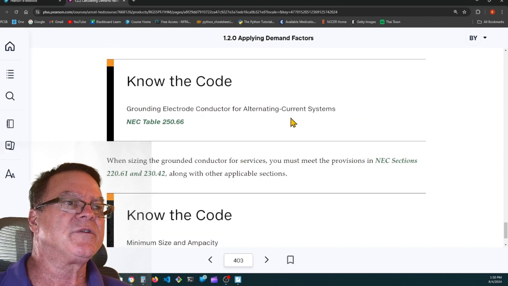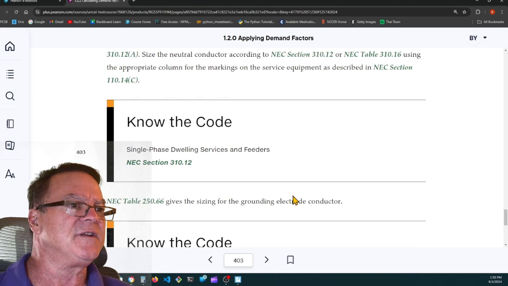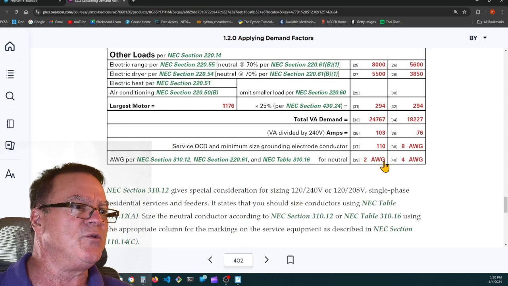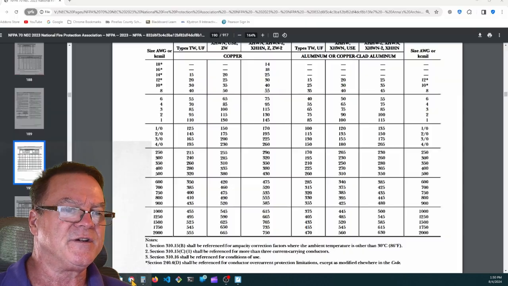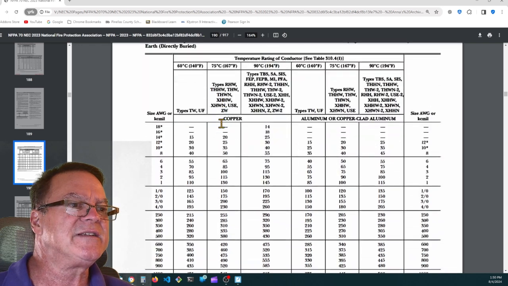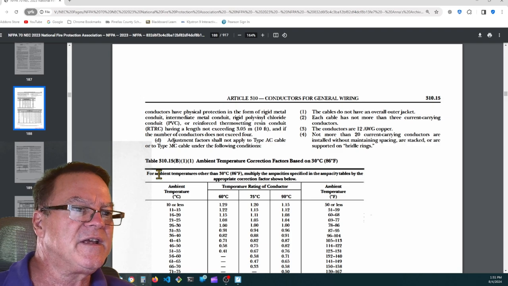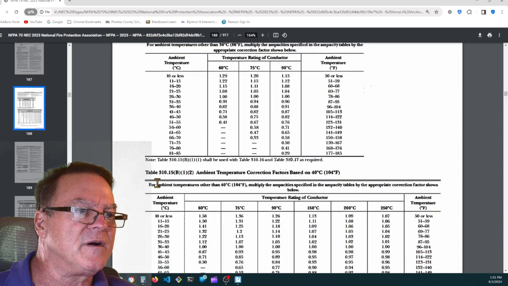And the grounding electrode conductor. Yeah, let's take a look at the grounding electrode conductor. What size? Number 2 gauge. So number 2, we didn't use Table 310.16. We used 310.15. Where is it here?